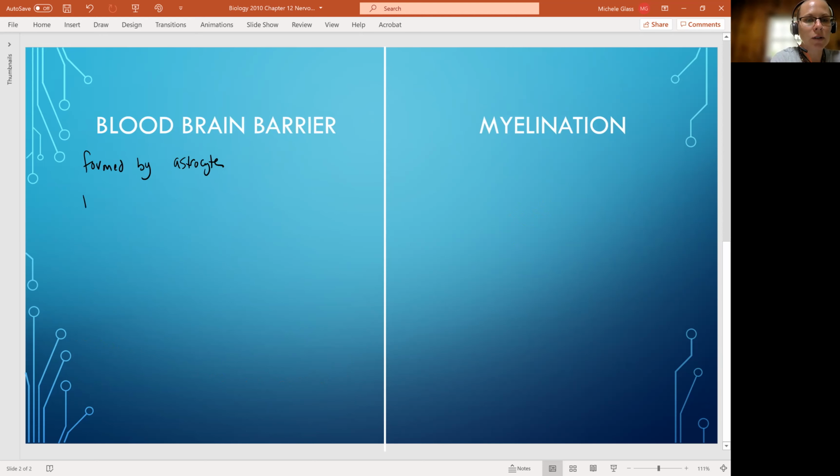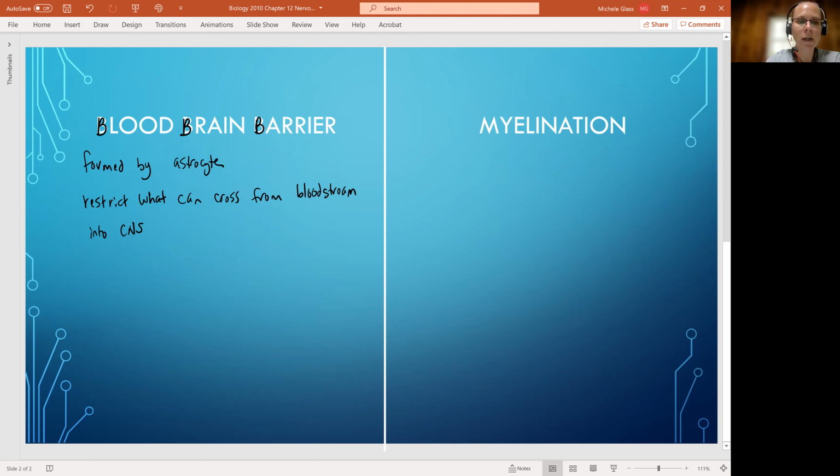And it's going to restrict what can cross from the bloodstream into the central nervous system, into the CNS, so the brain. So remember, we can abbreviate blood-brain barrier as the BBB.